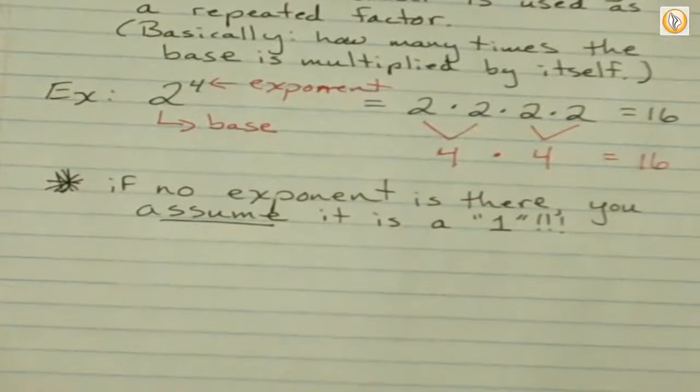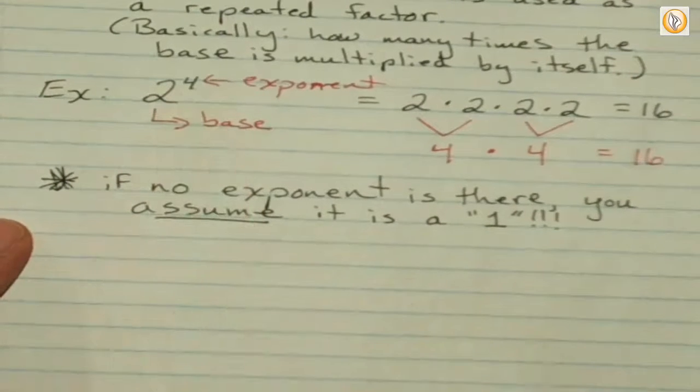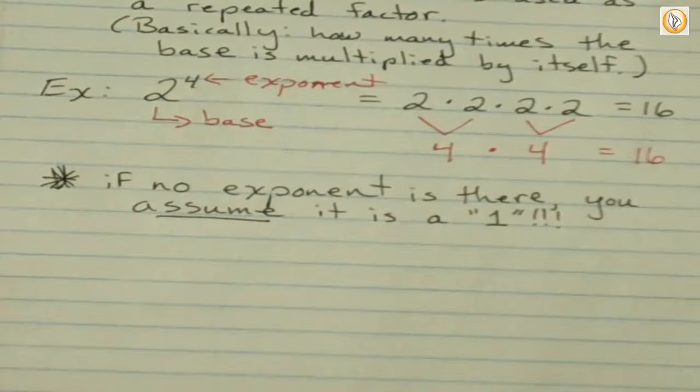This is very, very, very important. And I'll tell you, kids will sometimes mess up here more than they do with 2 times 4. If there's no exponent there, you're going to pretend there's a 1.